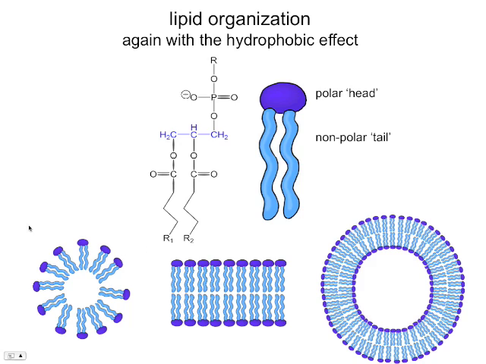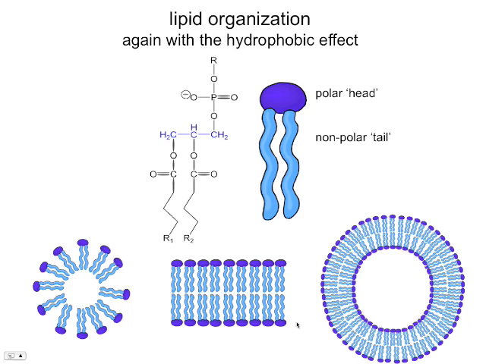You could imagine this as a slice through a three-dimensional sphere. In the middle here, we're looking at a lipid bilayer. Same kind of idea. Those tail groups are pointing inwards again, but now we form 2 leaflets, on the exterior of each of which is again a polar head group, forming favorable interactions with water.